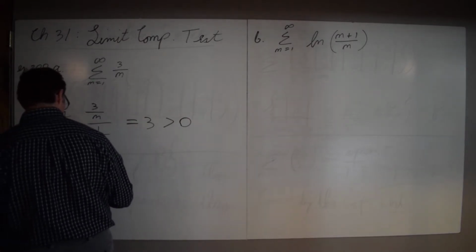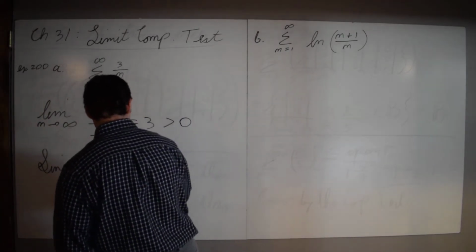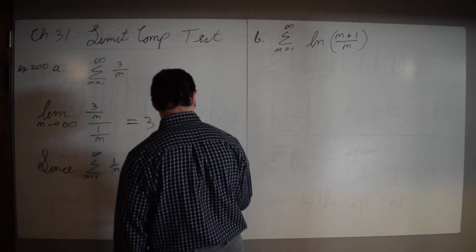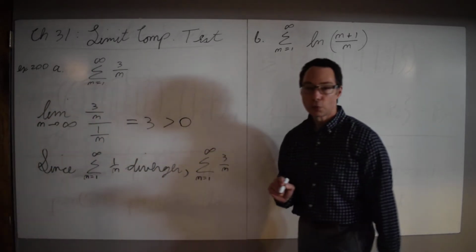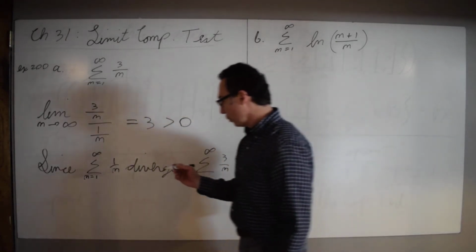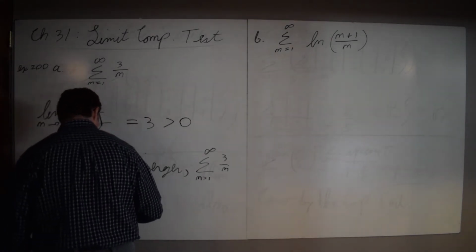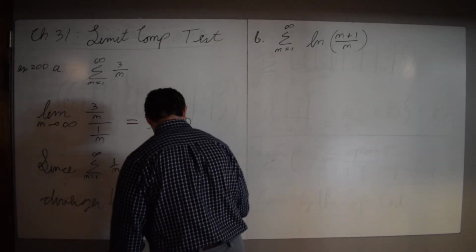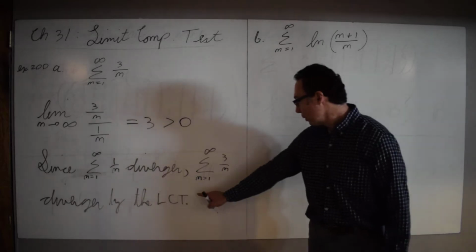Since this series, 1 over n, diverges, the series n equal 1 to infinity of 3 over n diverges by the limit comparison test. I'll write LCT for short.